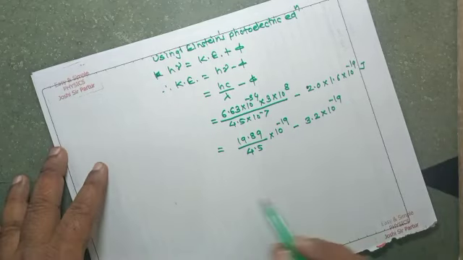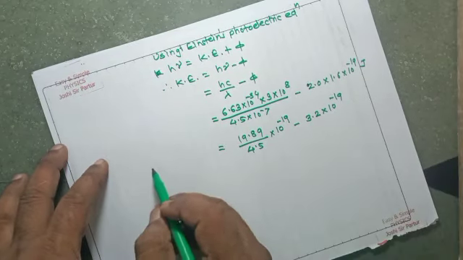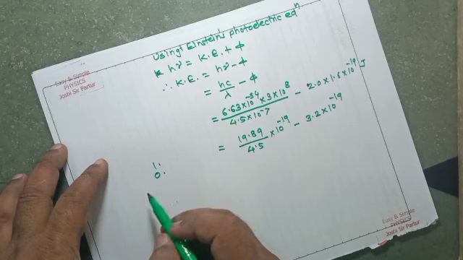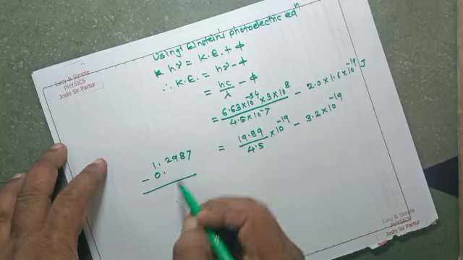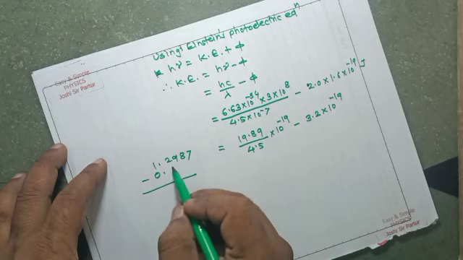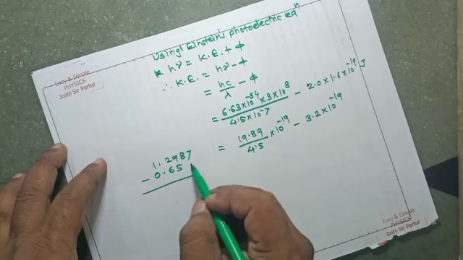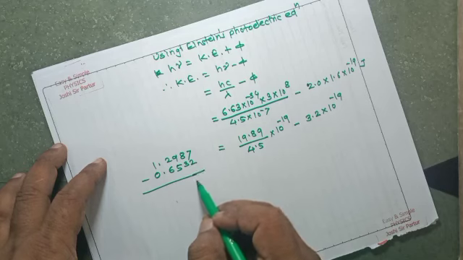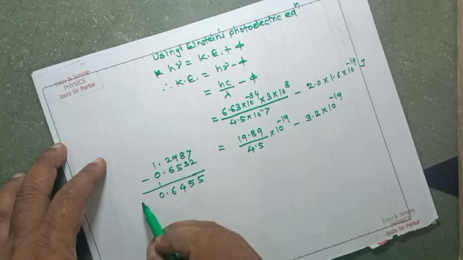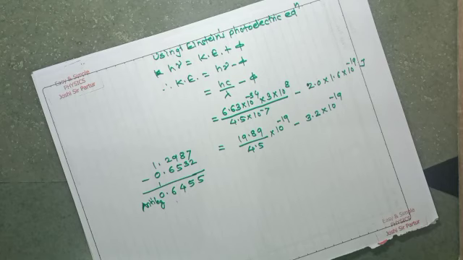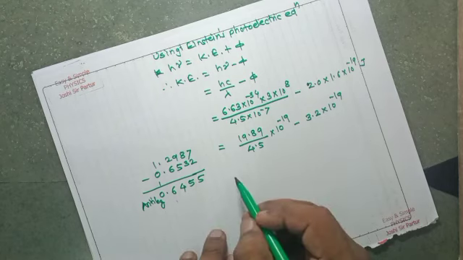Both are in joule. So if we take log 1.989, that is 2987 and 6532. So 5 will be remaining, 4 is there, 6 is there, and the antilog of 0.6455.